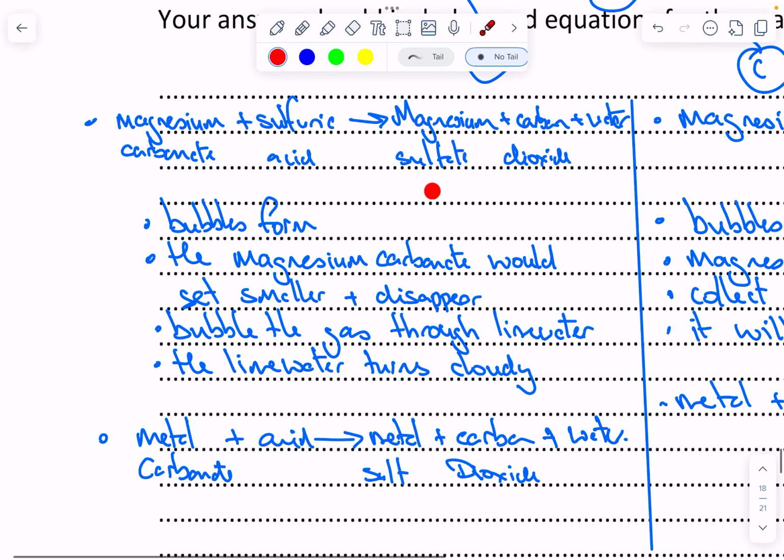And what we see happening here, so carbon dioxide forming, so we get bubbles starting to form. The magnesium carbonate, as it reacts, would get smaller and eventually disappear. If we take the bubbles and put it through lime water, then the lime water will turn cloudy. And I've put the general equation in as well.